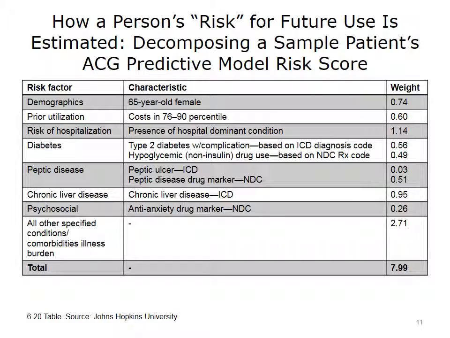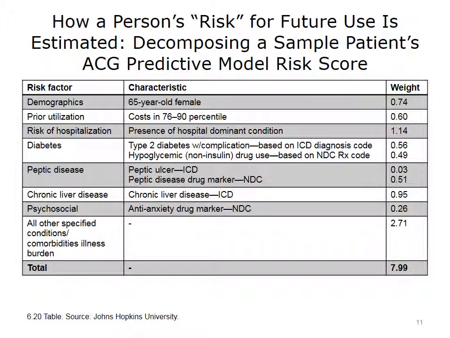But what is this compared to? This score is based on some outcome, in this case, next year's costs, that has been calibrated in a benchmark population, either embedded in the ACG software or by the user for some past period of time. Once a score is assigned to everyone in a cohort of interest, they can be arrayed from low to high, similar to the past population pyramids depicted.